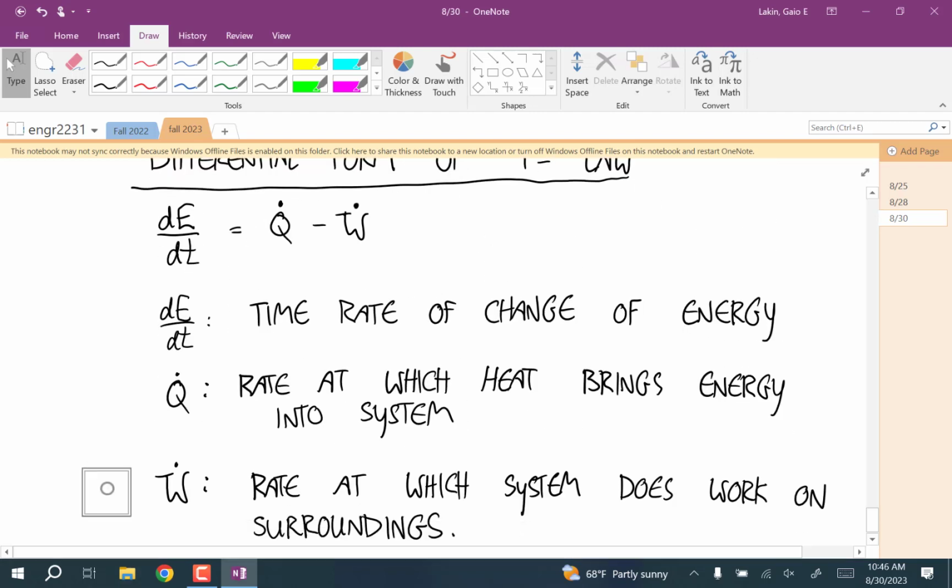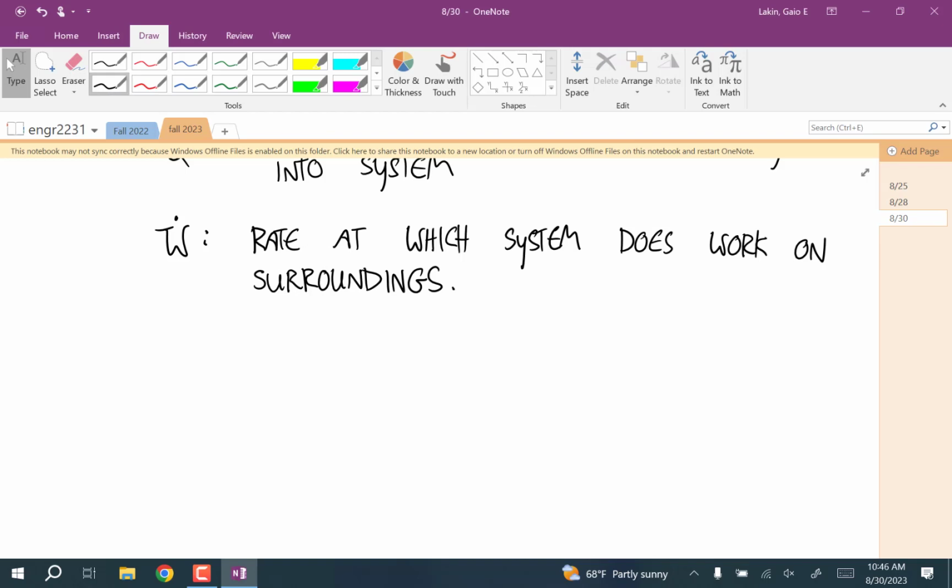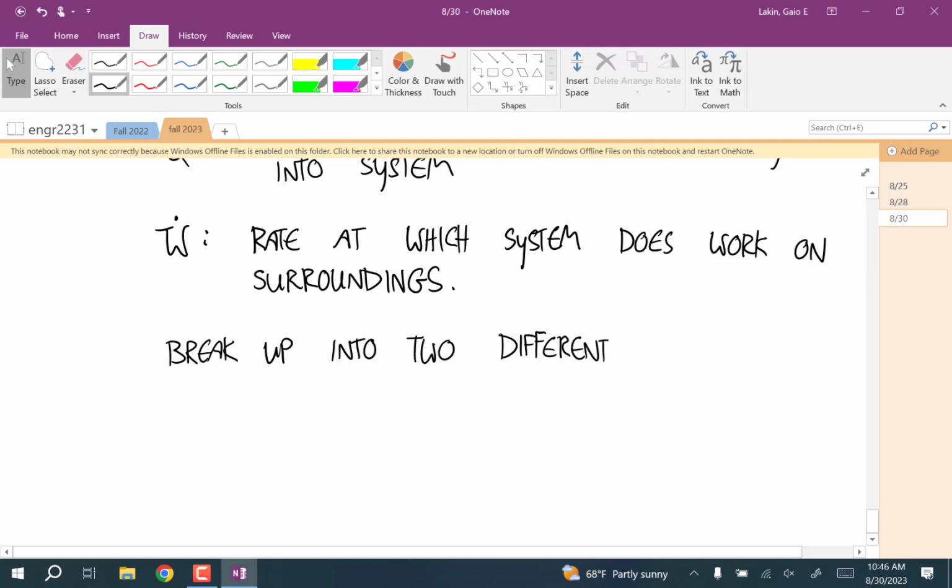And when we're using the differential form of the first law, we're going to break problems into two different types. The first one is steady state.